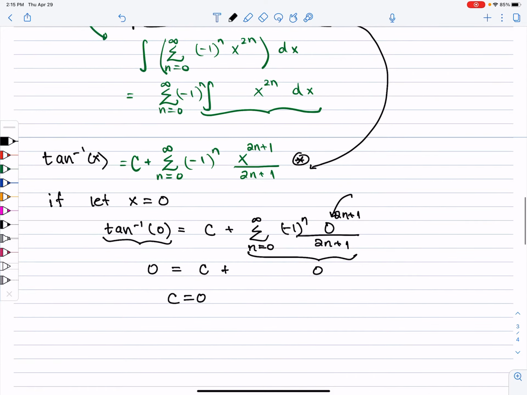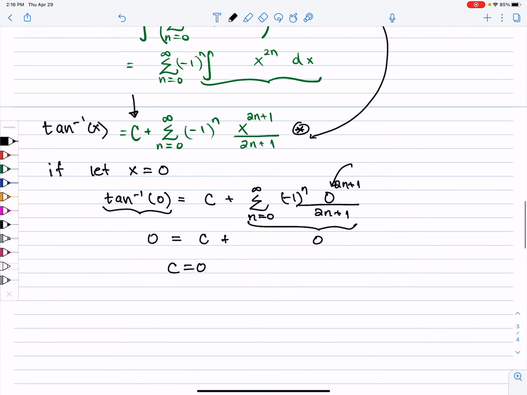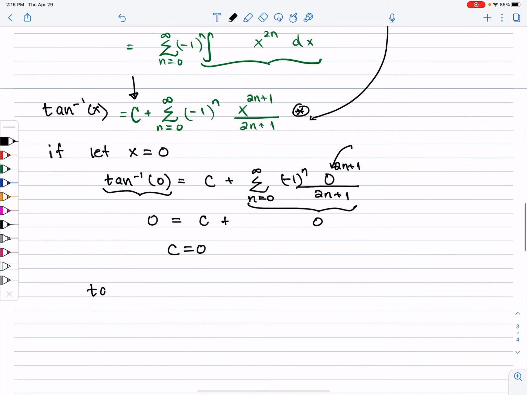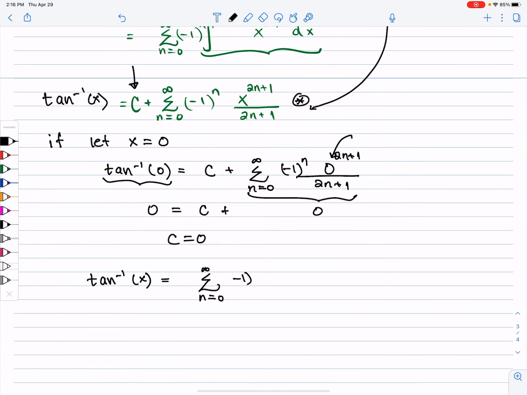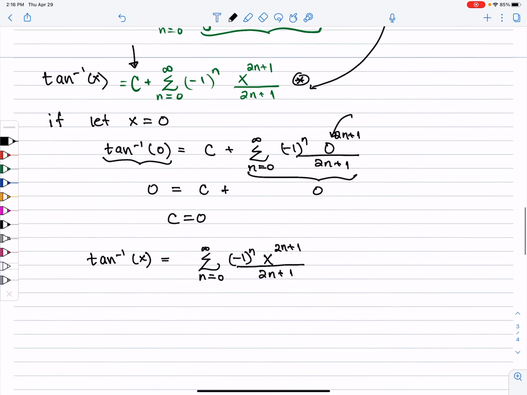When we plug this value of c into that previous equation, we say that tangent inverse of x is equal to sigma as n goes from 0 to infinity, -1 to the n, x to the 2n plus 1 over 2n plus 1.